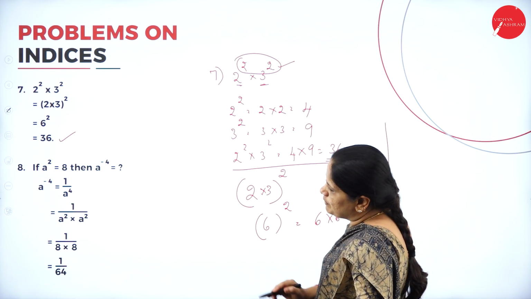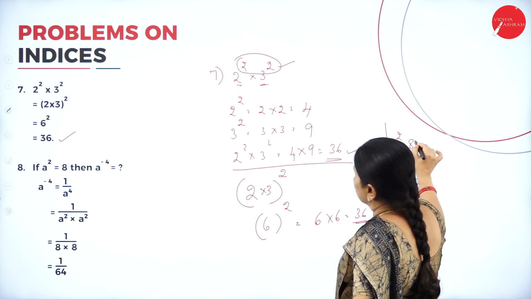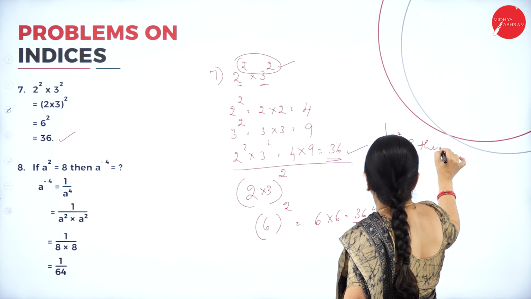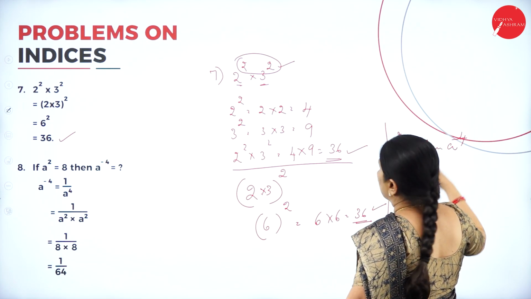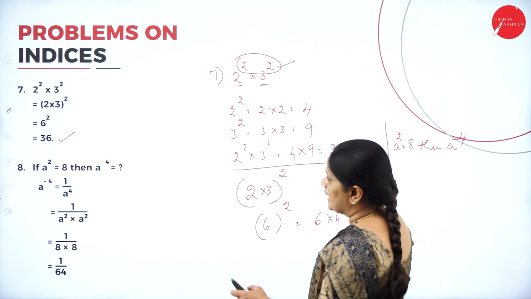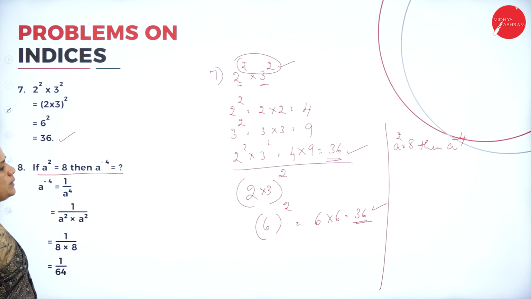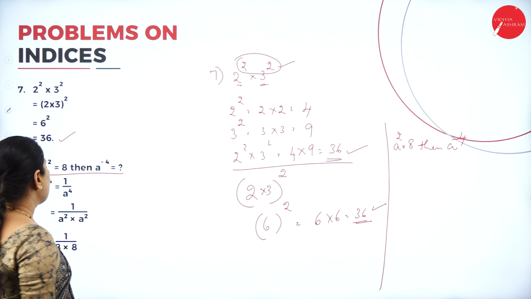Now the next problem is, if a square equals 8, then what is the answer for a to the power of minus 4? They have asked here, if a square equals 8, then a to the power of minus 4 equals how much?